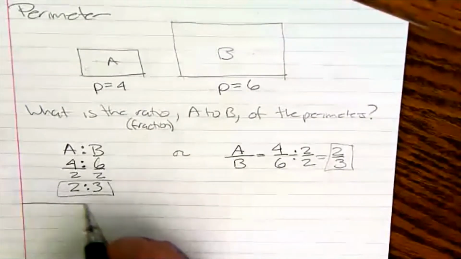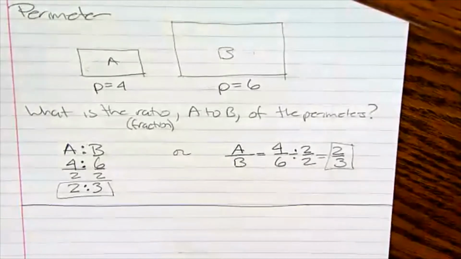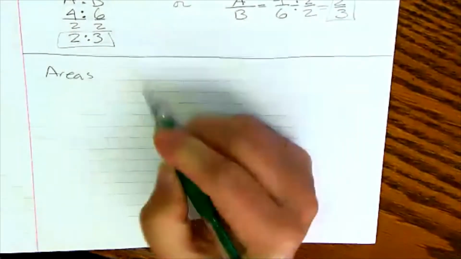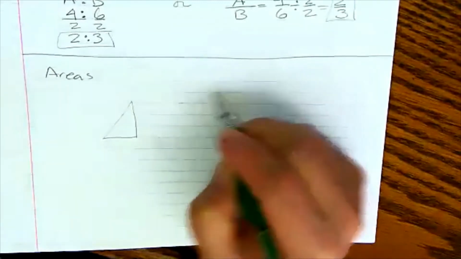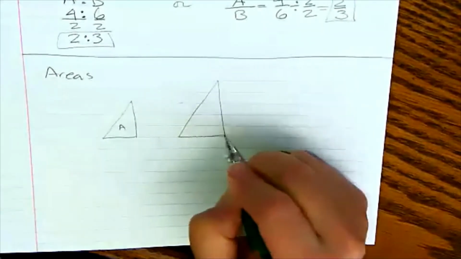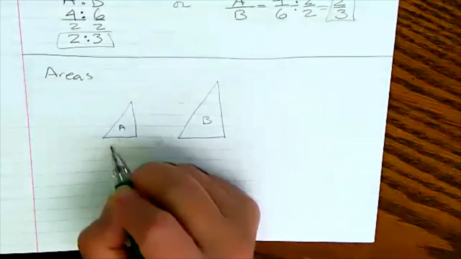So now let's talk about the ratio of areas. So we've got two triangles, triangle A, triangle B. They are similar triangles.